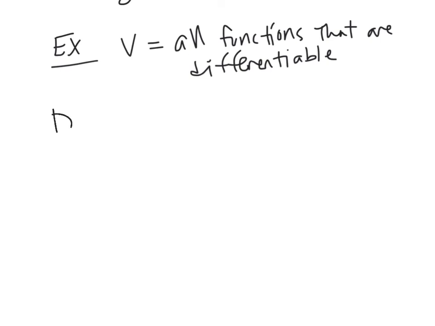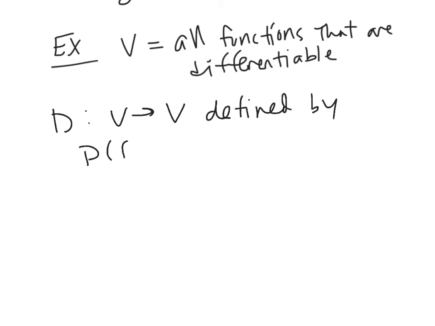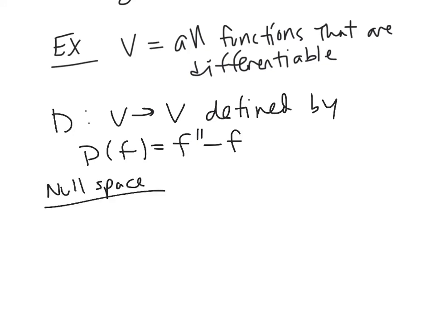We're going to let D be a different linear transformation. So we're going to take the second derivative of our function and then subtract off the first. So proving it's a linear transformation isn't so bad. But I want to know, what's the null space? So pause the video and then we're going to examine it. If you've taken differential equations before or you've seen it, you can probably figure this one out.